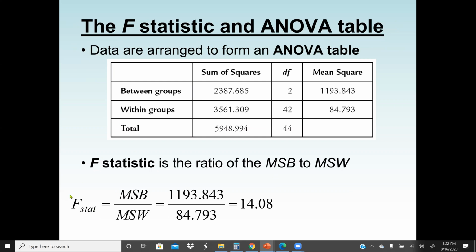So the F stat will be the value I get for MSB, the mean square between, divided by MSW, which is the mean square within. So the F value is 14.08.